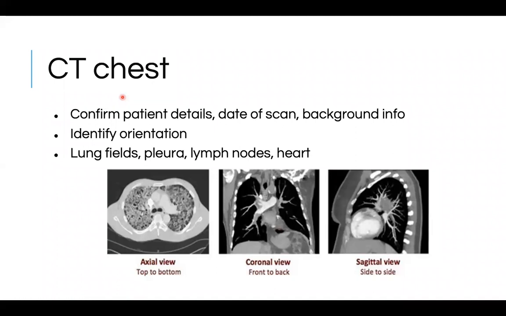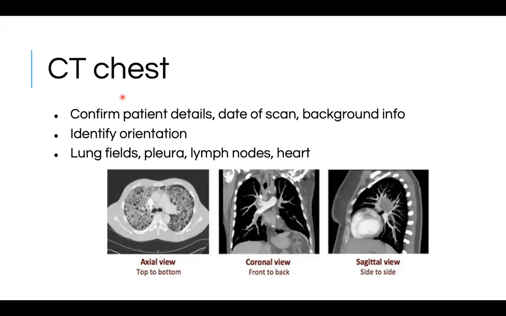And it gives a more detailed image of what's actually going on in the lung parenchyma itself. But it can miss lesions between the thin slices. But it's really good when you want to look at parenchymal lung disease, like interstitial lung disease, bronchiectasis, for example.